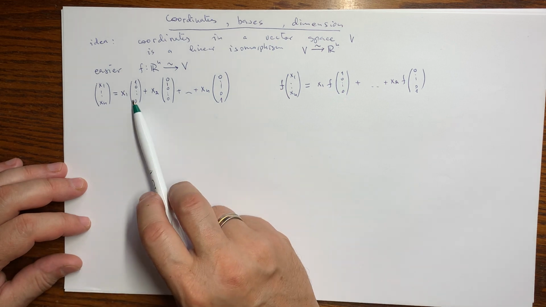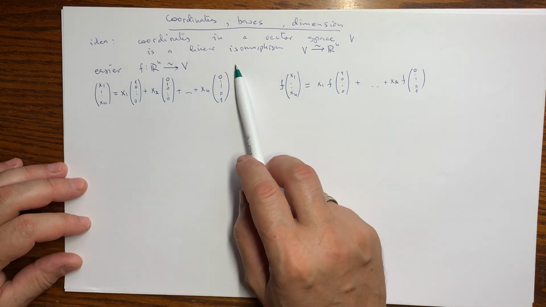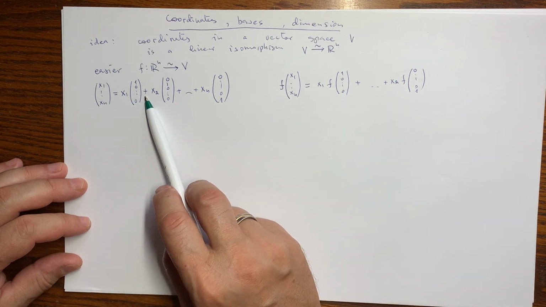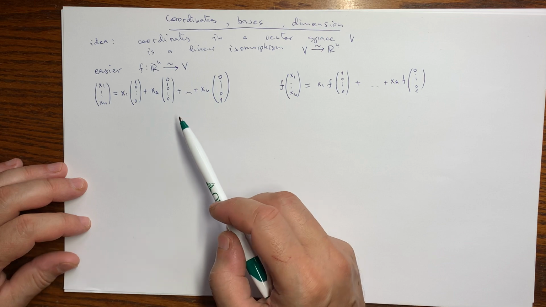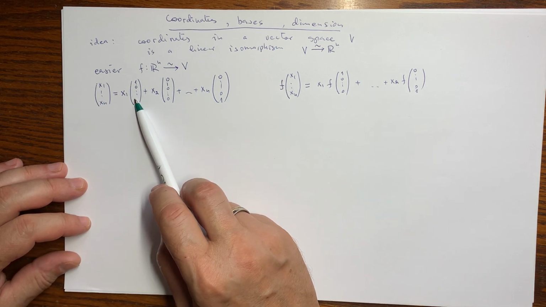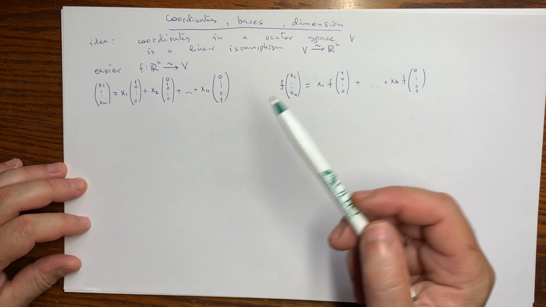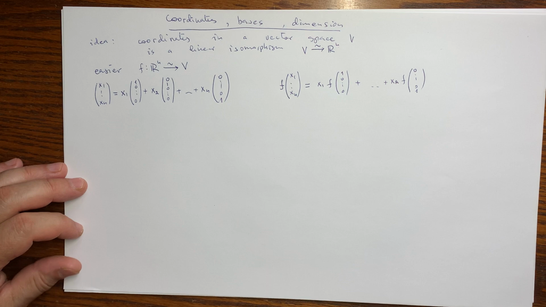I'm doing several moves at once. I'm applying f to this sum, and f is additive, so I can apply f to each of the summands separately and take the sum of values, and then each of the summands is scaling of a vector, and f is transparent to scaling, giving us this result.